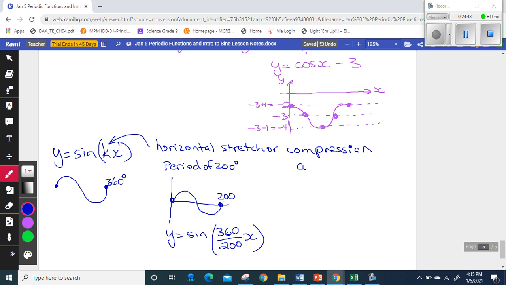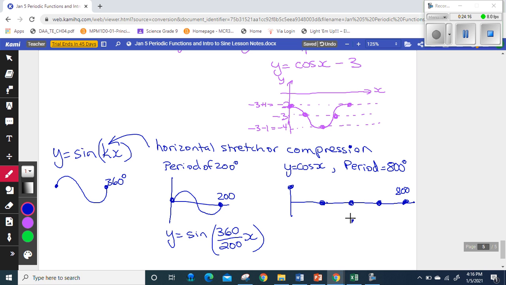If I want, say, cos x, but I want a period of, I don't know, 800. Let's stretch it out. Let's say that's 800 there. Let's see how good I can graph. Up. Let's see. Halfway. Halfway is there. Halfway is there.